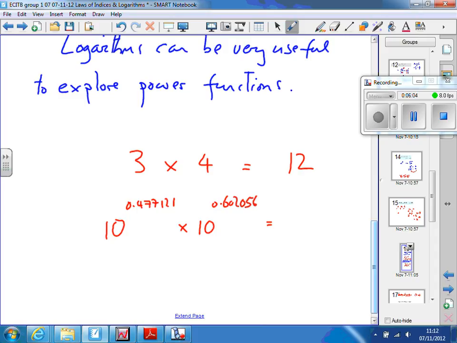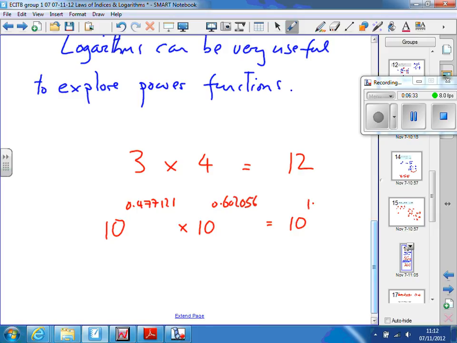But from the laws of indices, same base 10, what do I do with the powers? What do I do with the powers in the laws of indices? Add them together. What's 0.477121 plus 0.602056?